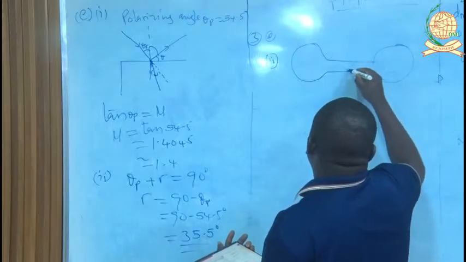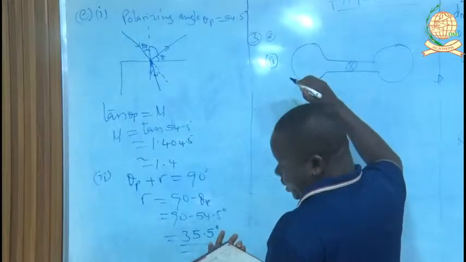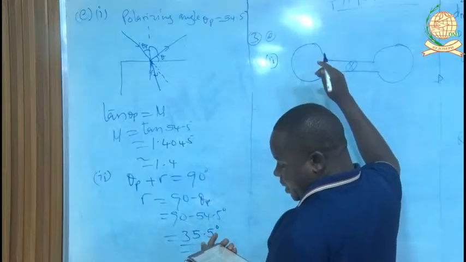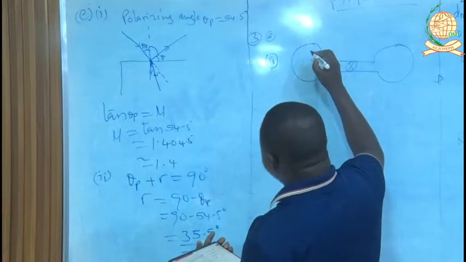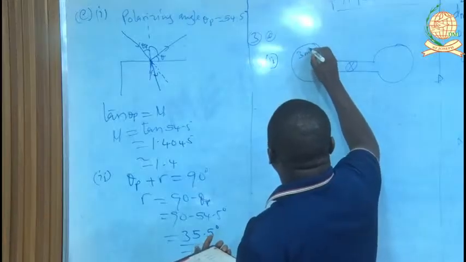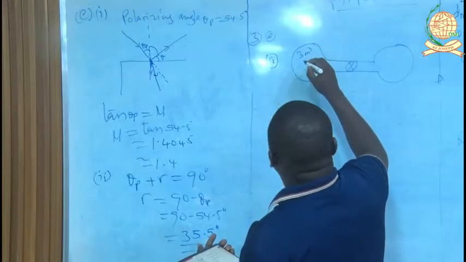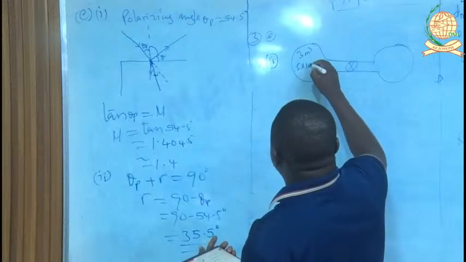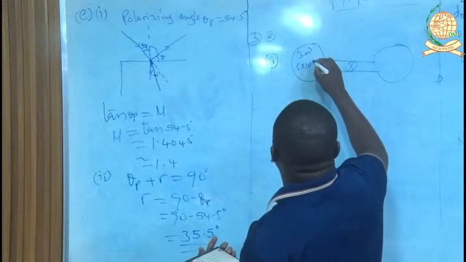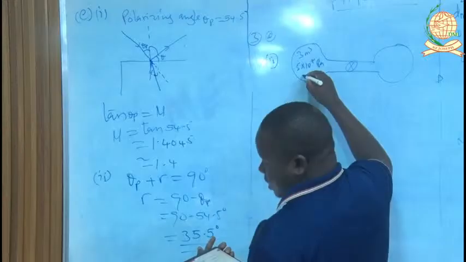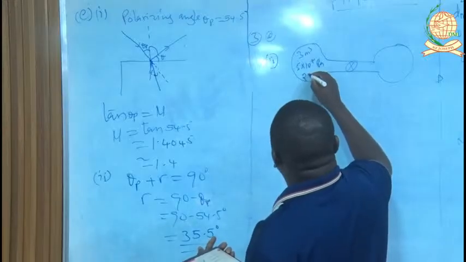With the cork here, we have been given the volume, 3 meter cube, pressure 5 times 10 exponent 4 Pascal, as well as the temperature 250 Kelvin.